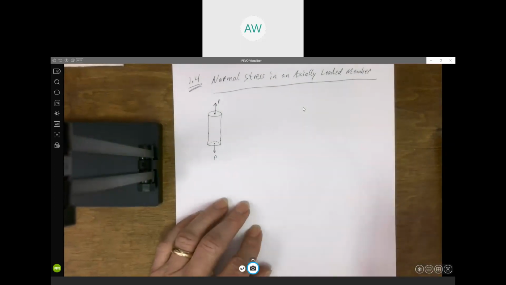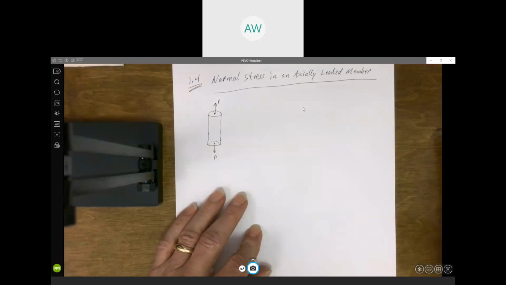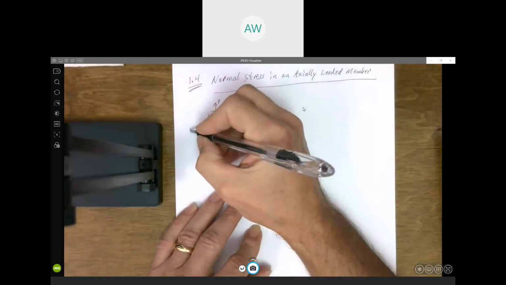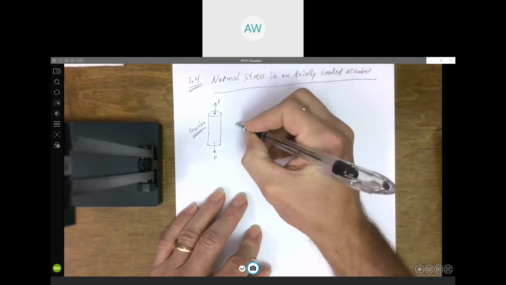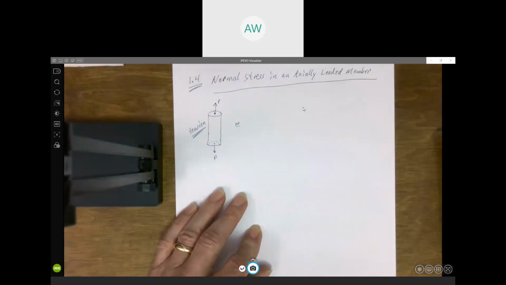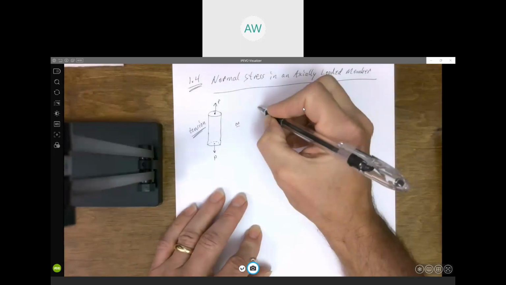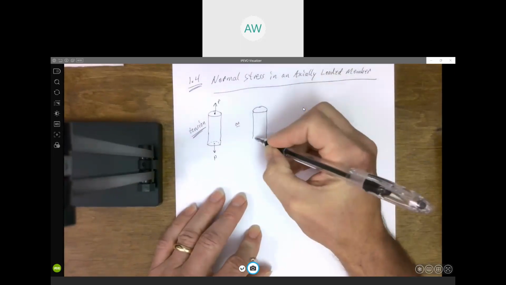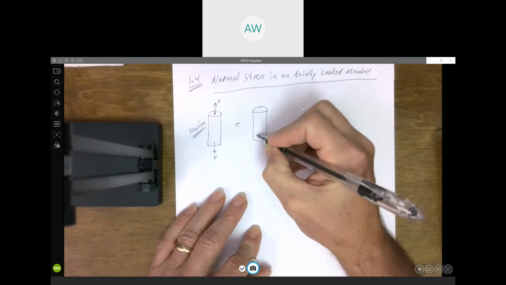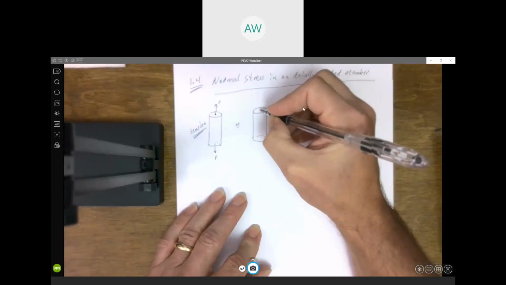So that's it. That's all. We're going to limit ourselves to just looking at this situation. Again, as we get further, it's going to get more complicated. But now there's two possibilities. It could be loaded like this, which is what we would refer to as tension. Or the forces could be in the opposite direction, and that would be an example of what we call compression.